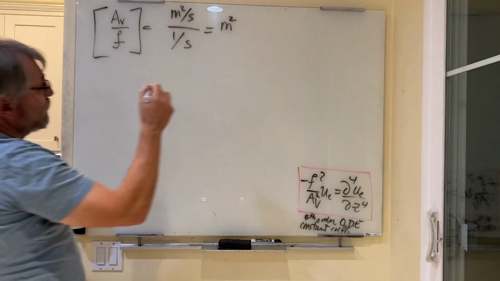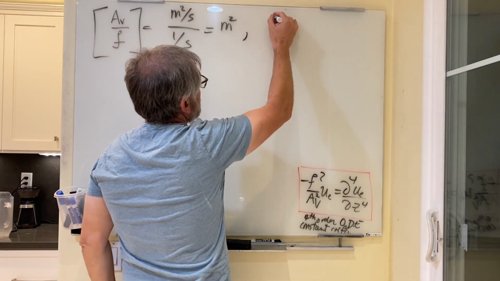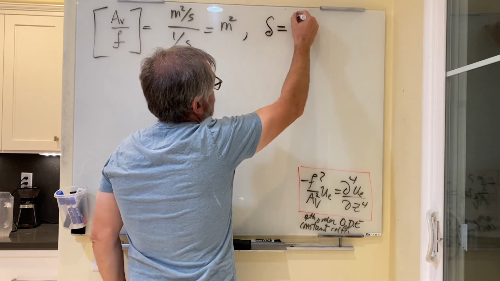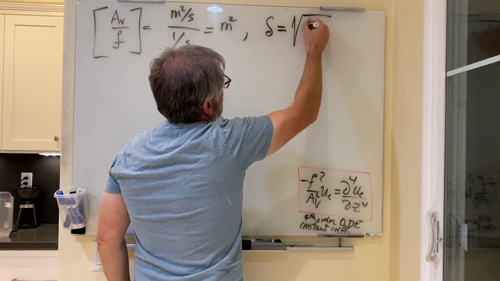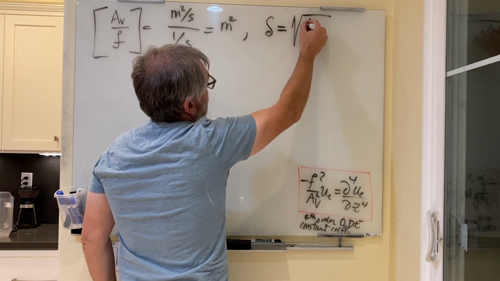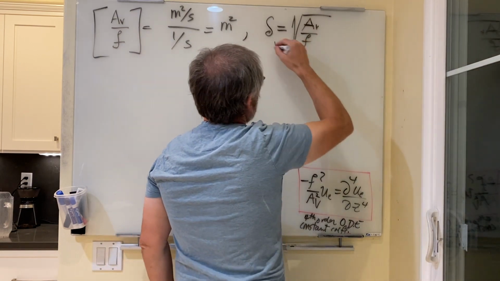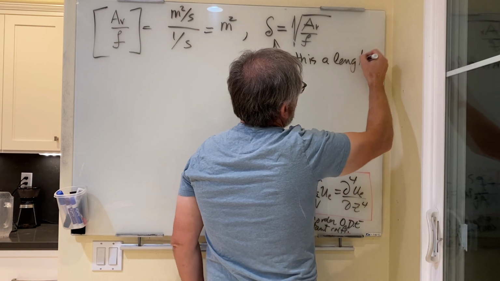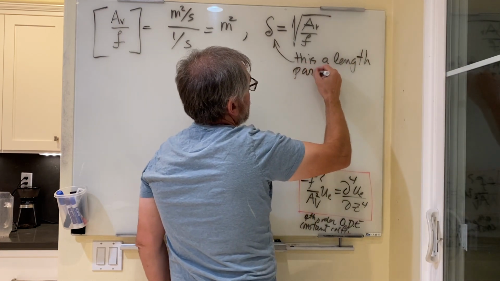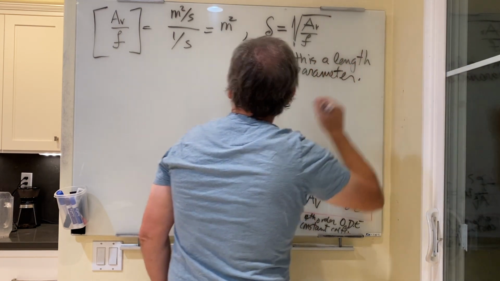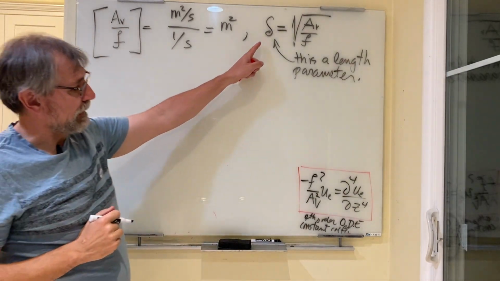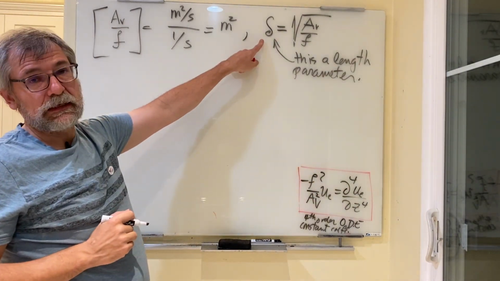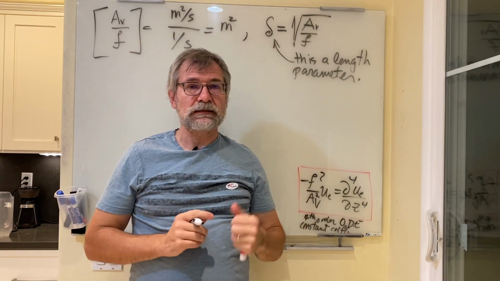So that means that the quantity, I'm going to introduce this quantity delta, which is equal to the square root of av over f. This is a length parameter. And what I'm going to do is rescale my z variable with respect to delta. In other words, I'm going to measure distance in units of delta.